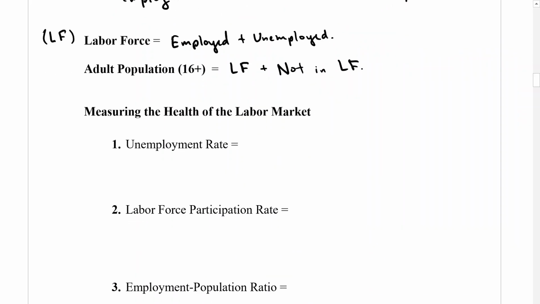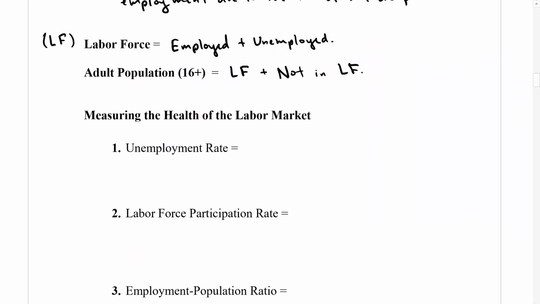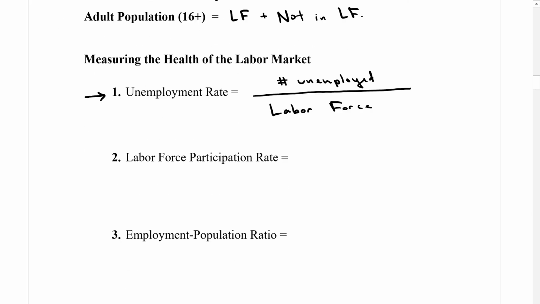Okay, and then from that we can get our labor market statistics. The most common one that people hear about is the unemployment rate. So this is the number unemployed, so how many people are unemployed, divided by the labor force. We'll talk about some of the specifics of these calculations in a minute. Let's go ahead and just write them down.